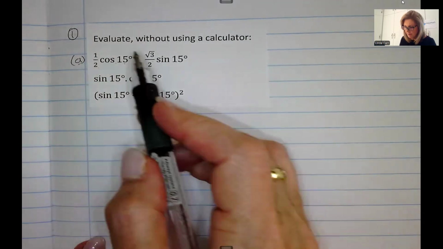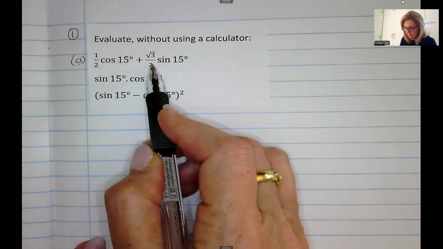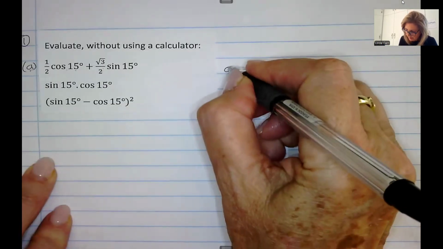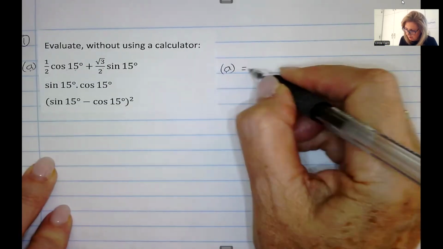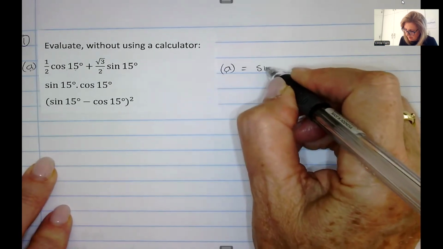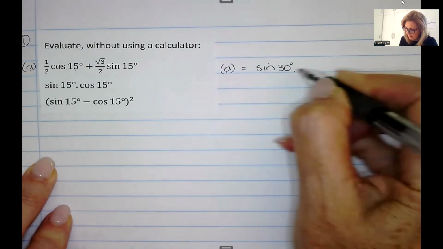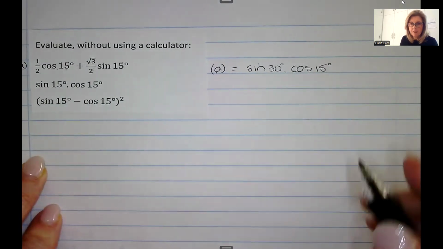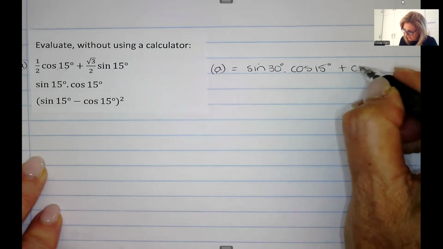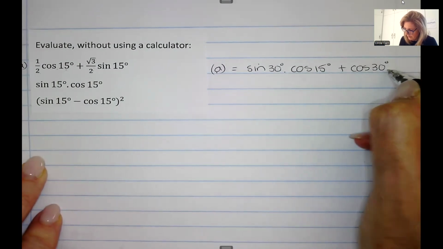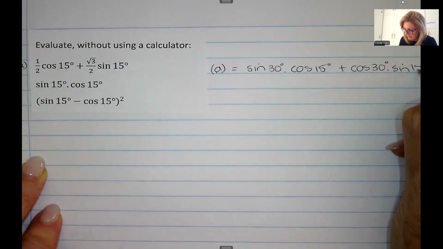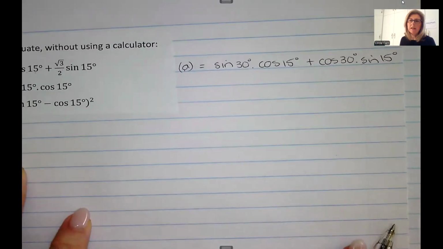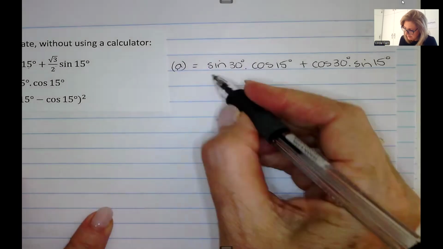And so as long as we choose the same angle for both, in A, we're going to say it's equal to sine 30 cos 15 plus cos 30 sine 15. And hopefully you now recognize that as a compound angle identity.